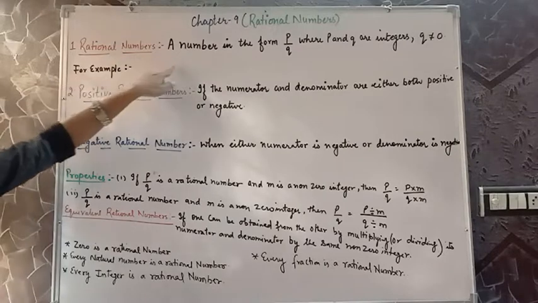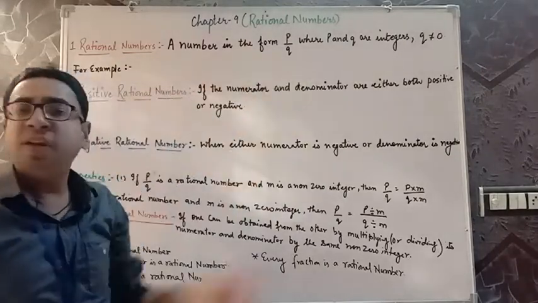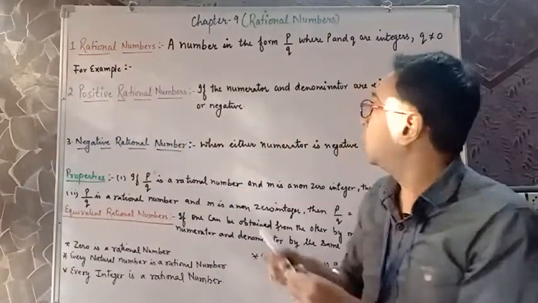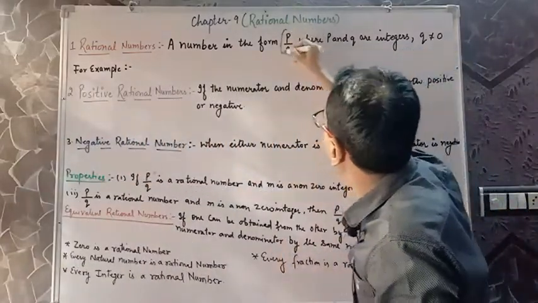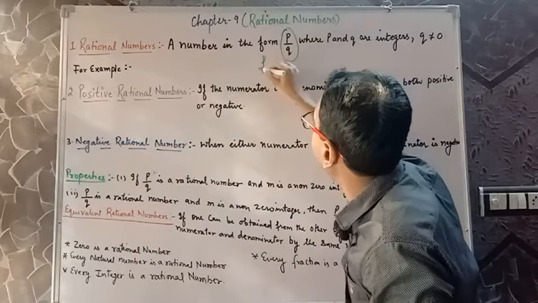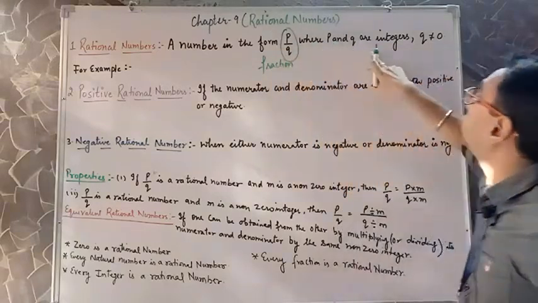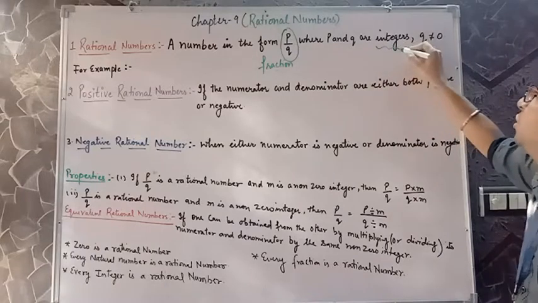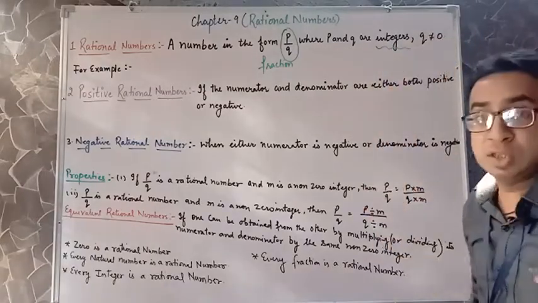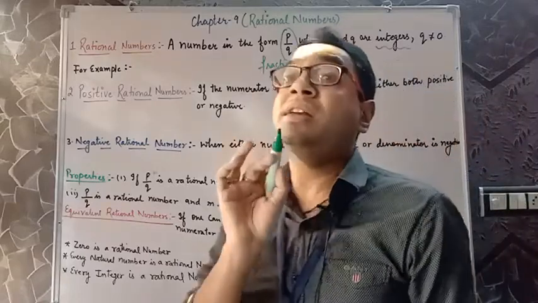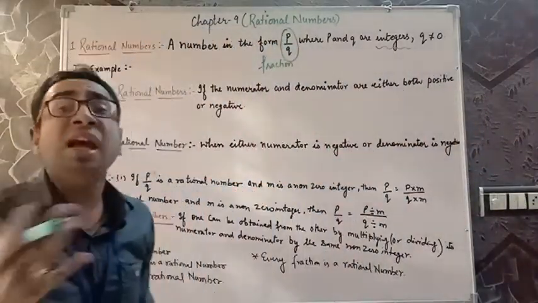Rational numbers are numbers in the form p by q, very well known. P by q form means fraction only. Yes or no? If I write any number in the form p by q, it's a fraction only, where p and q are integers. Here is the change. In fractions, the p and q were natural numbers.